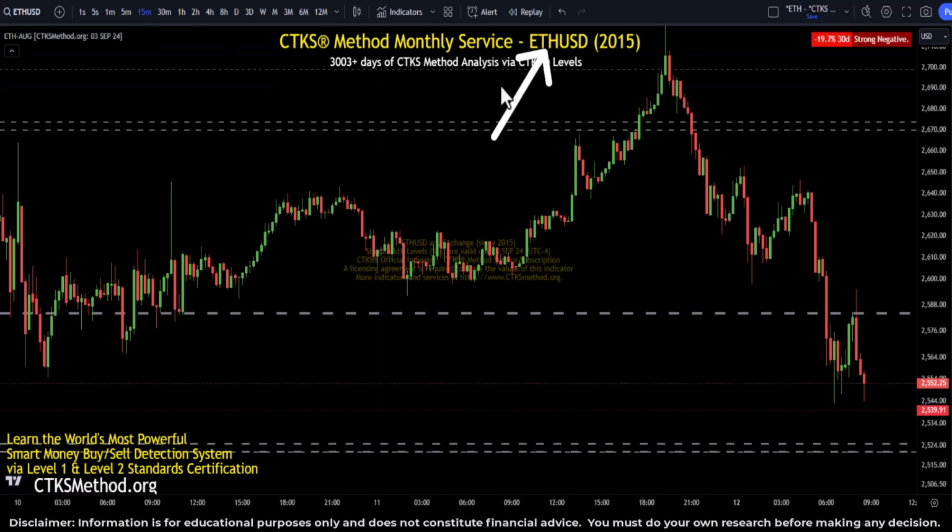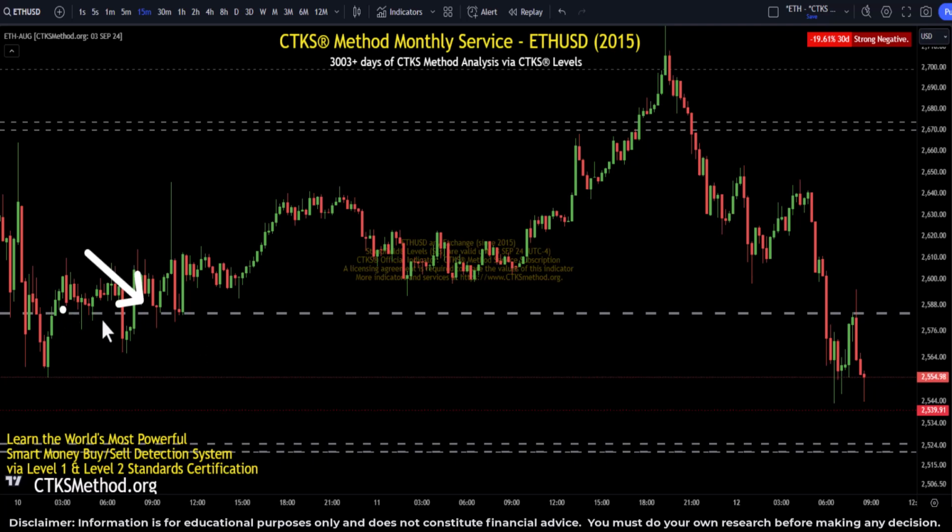When looking at Ethereum, and here we've marked up the chart over 3,000 days worth of data, that 2584 level of structural support was incredibly important, and we can see up here at 2700. As we saw with total crypto market cap and Bitcoin, we had a failure. This failure here at the 2670 mark is the critical failure on Ethereum.